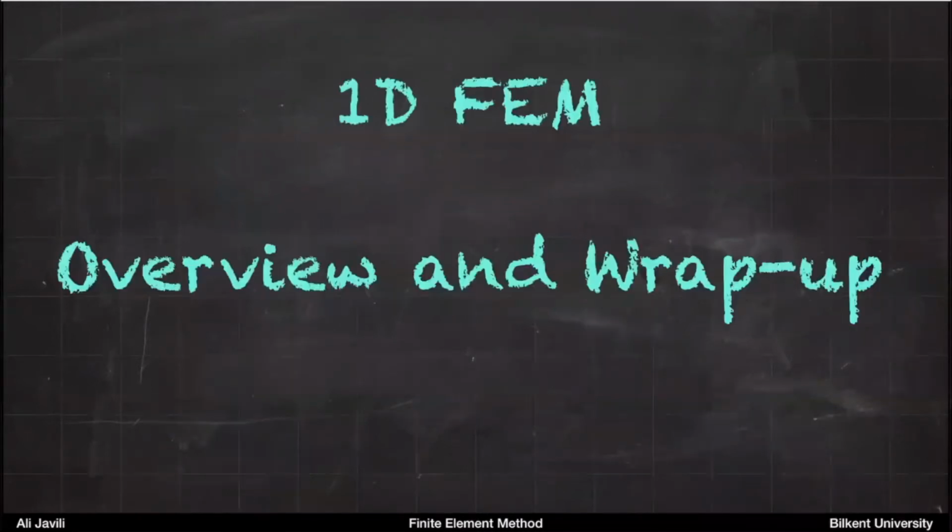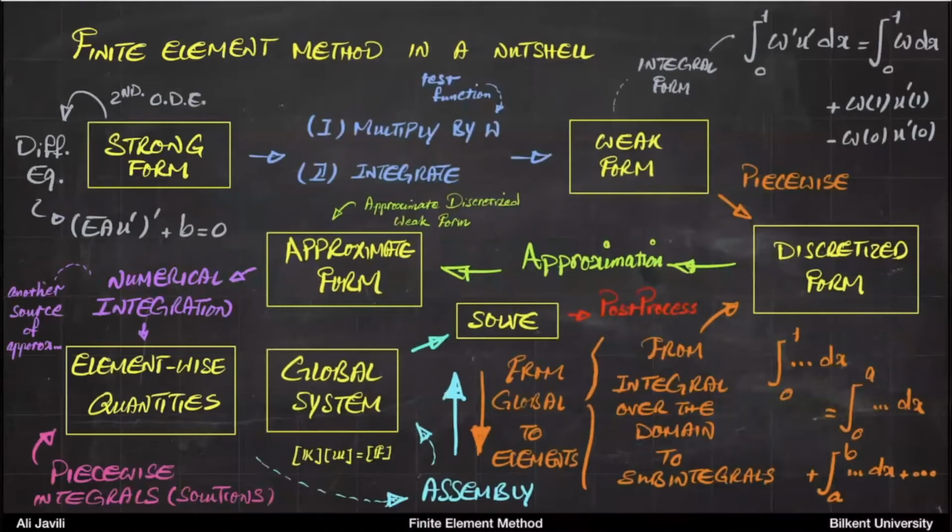And then again, if you think of a 1D finite element method, we have this basically detailed version of the roadmap. The important thing is, again, that you start from the strong form, you get the weak form by just multiplication by test function and integration, and then you do this piecewise integration, which later in a two-dimensional FEM would basically translate to that discretization, right?